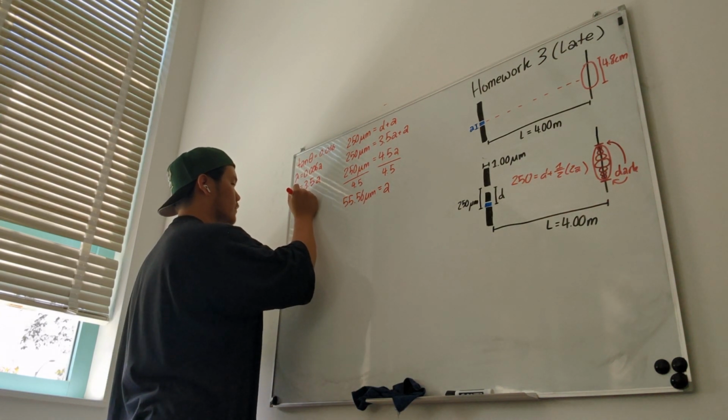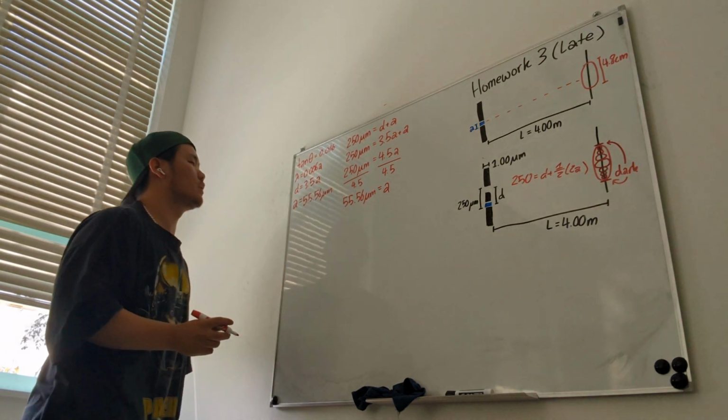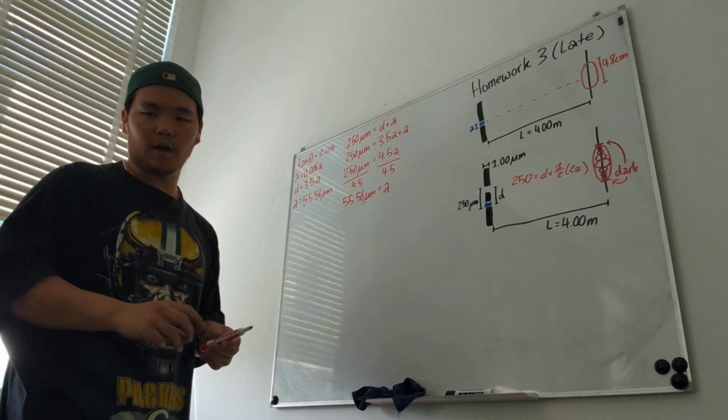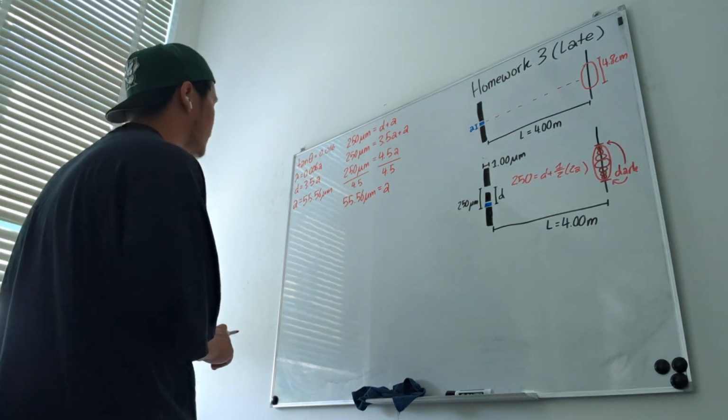Great. Let's fill in some more blanks here. If we know what A is here, we can just plug that in for D. So D is 3.5A. That gives us 194.44.